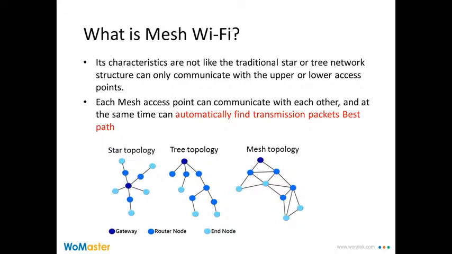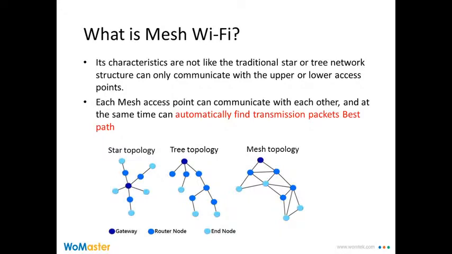There are three roles: gateway, route node, and end node. The gateway is an entry of the whole subnet. In here, it's just like the CAP. It stands for the central access point.